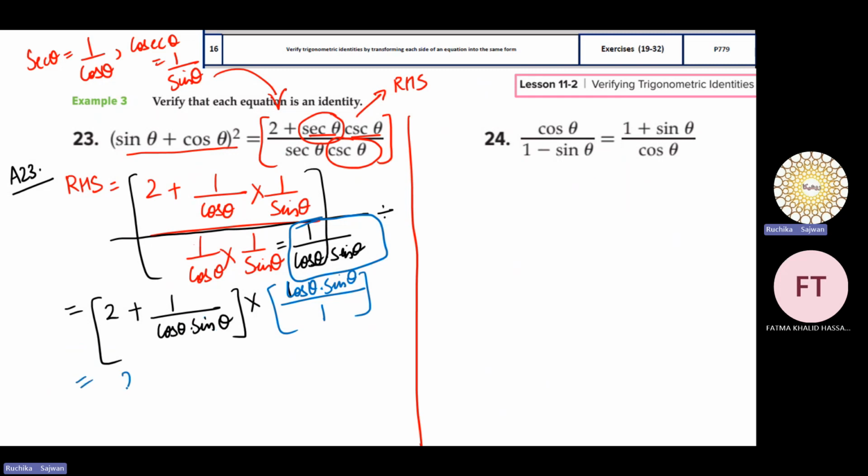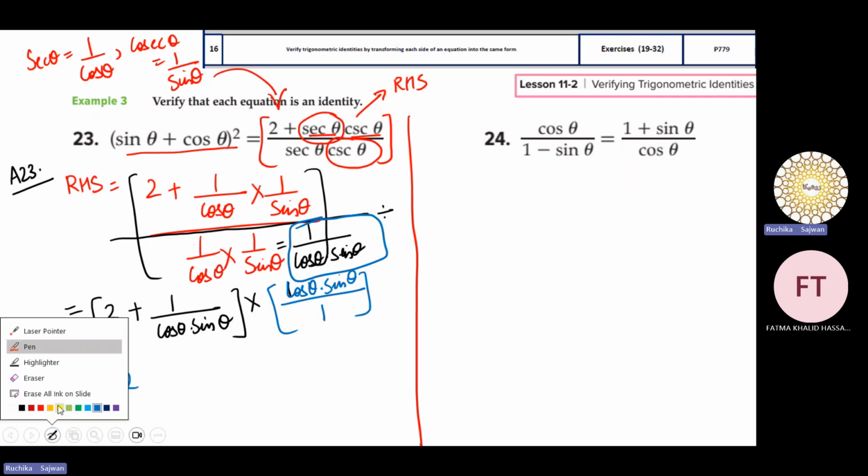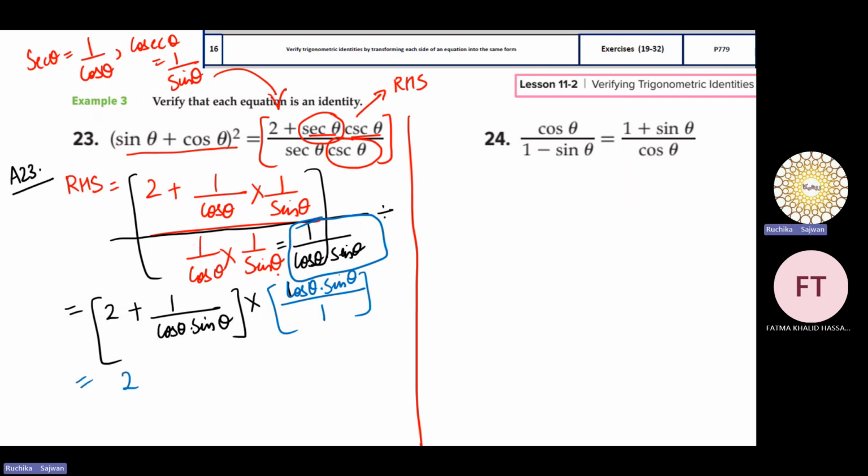Okay, now I will be using distributive. Just see this cos theta sine theta, I'm going to distribute to 2 and I'm going to distribute to this term. Now you must be wondering why I did not take LCM. The reason is because when we do distribution at this step, you will see that some terms will cancel and we will get a simplified form.